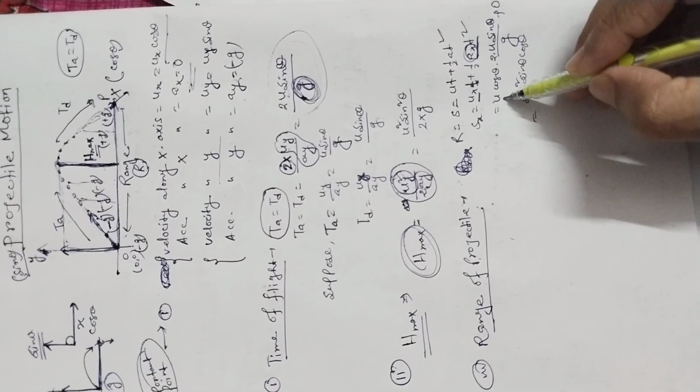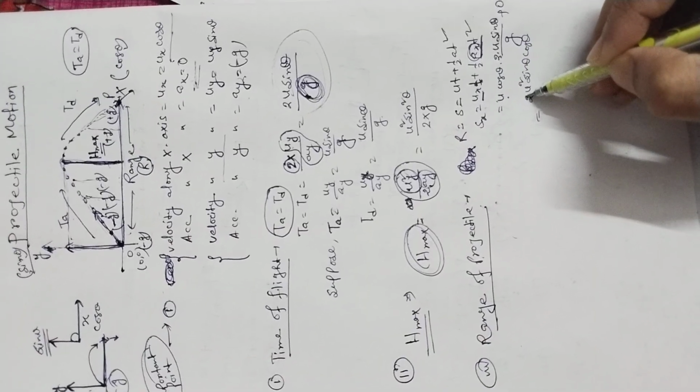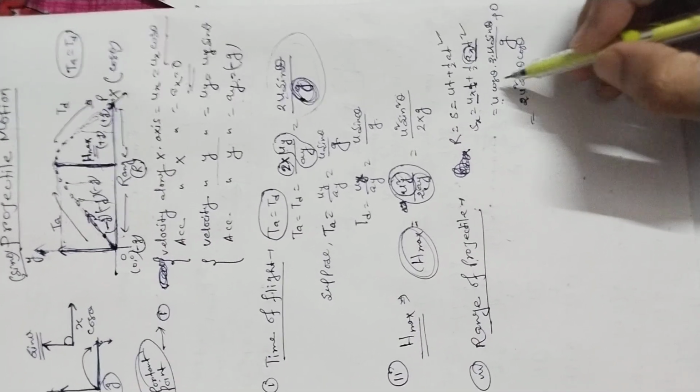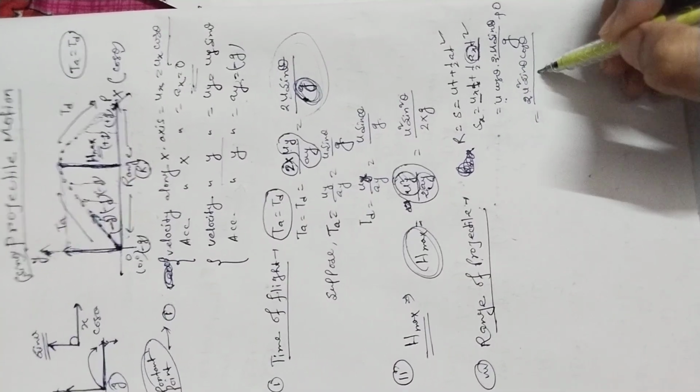Okay, u square, at first I write the 2, and u square is sin theta into cos theta by g.